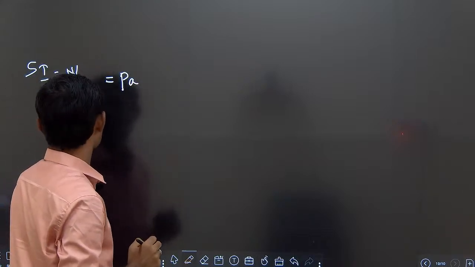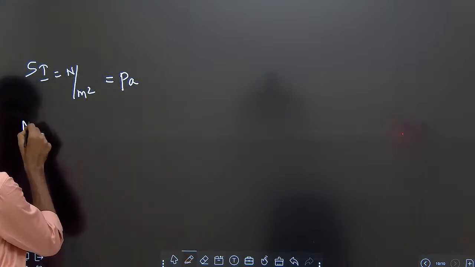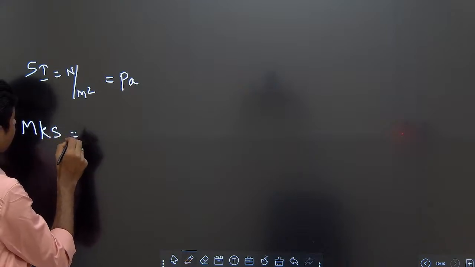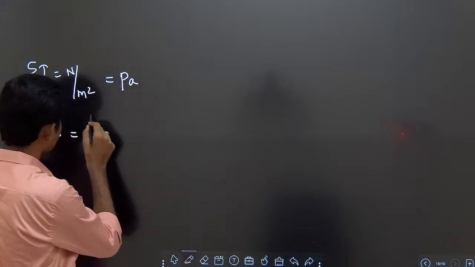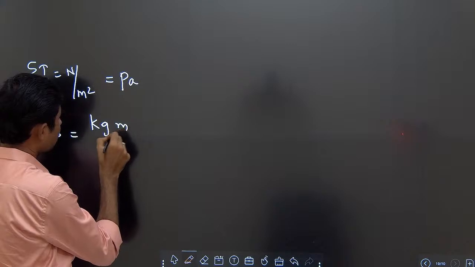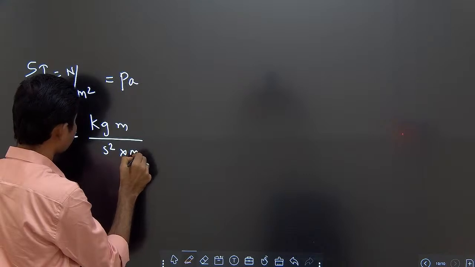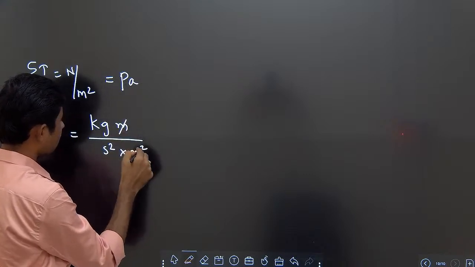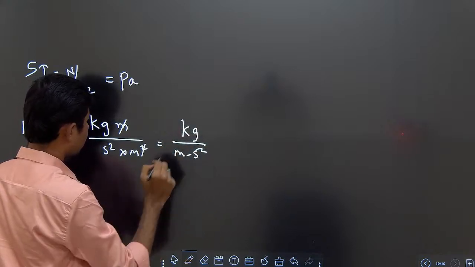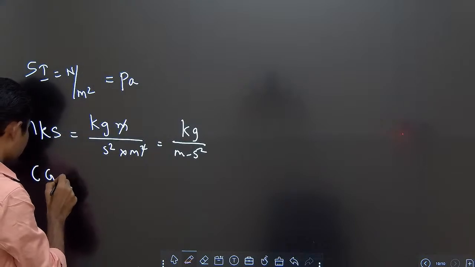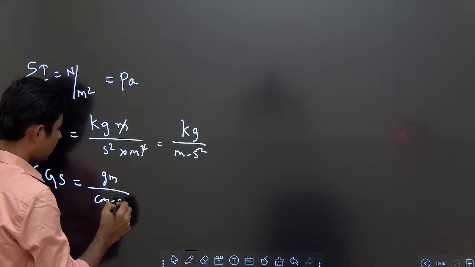And if you write the MKS unit, Newton means kg meter per second square, divided by meter square, so we can write kg per meter second square. And the CGS unit is gram per centimeter second square.